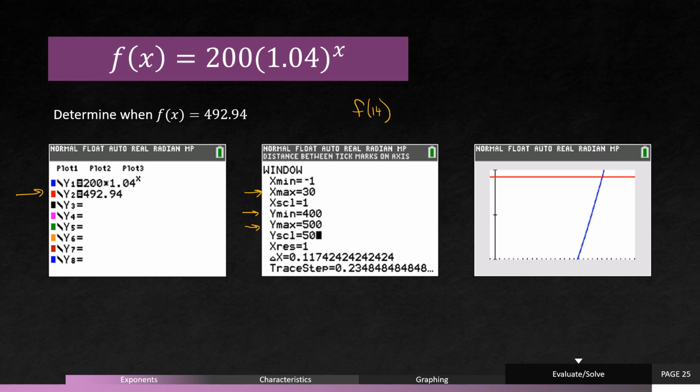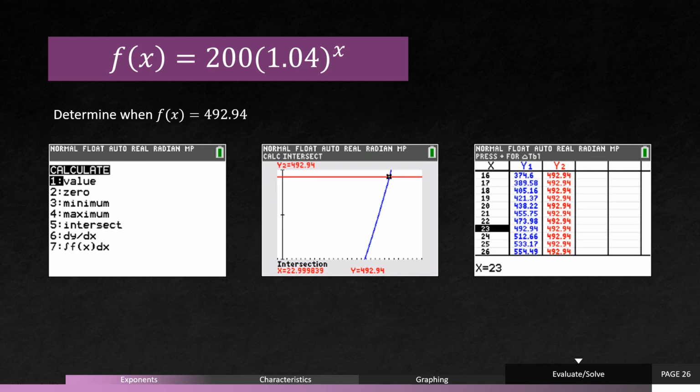As you can see, the red is that constant function, and I do see that intersection there, so it's somewhere within there, and that gives me an idea. Technically, to use the intersect function on the newer operating systems, you wouldn't have to have it within the viewing window, but on older calculators and older operating systems, you have to be able to see them.